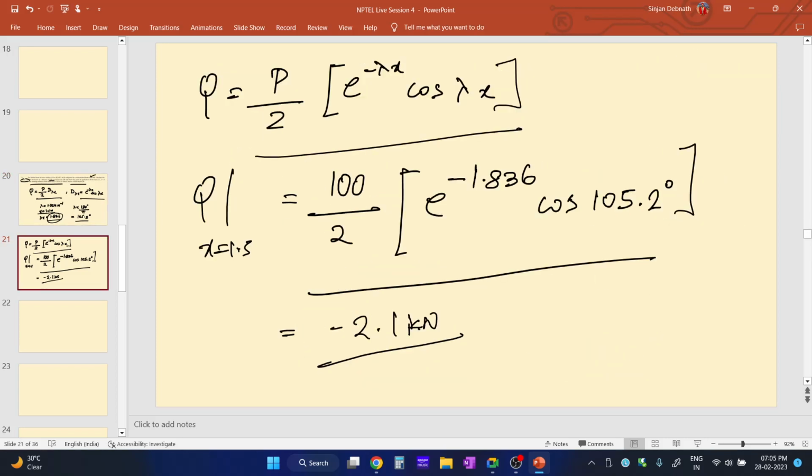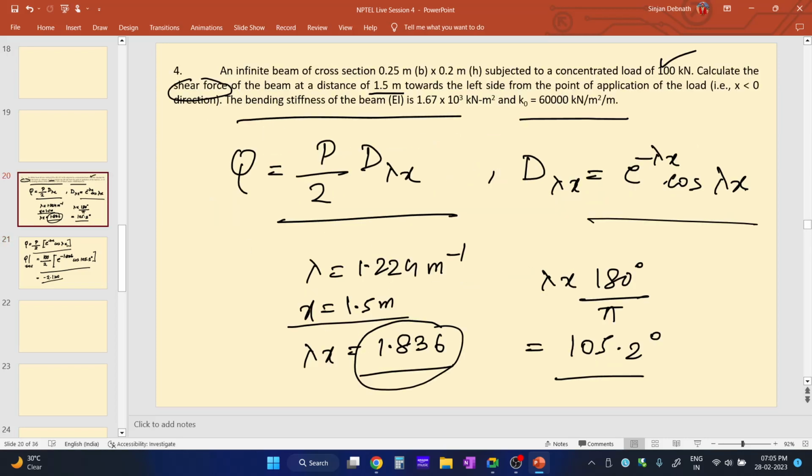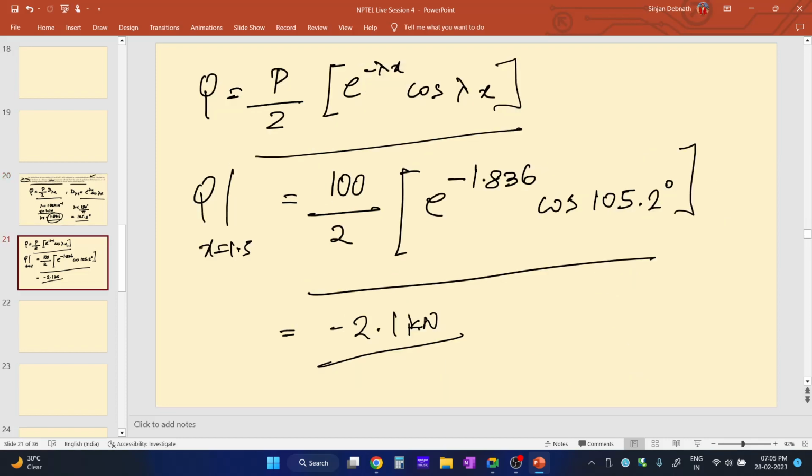If you have any doubt in this current problem, please let me know. Hello, sir. Yes, please tell. When x is on the left hand side of the point of application of the load, do you think that we should take it negative? No, you can take it as negative, but I am considering the left part to be positive. You will understand this in the derivation clearly. The values will be the same, only the direction will be different. That is not a big thing.